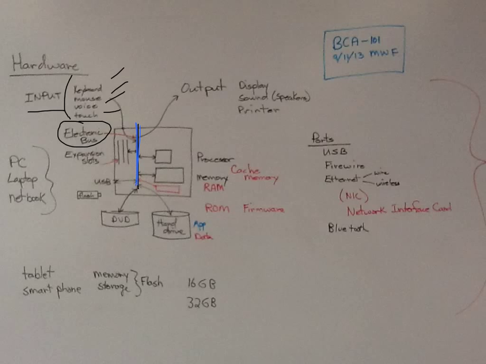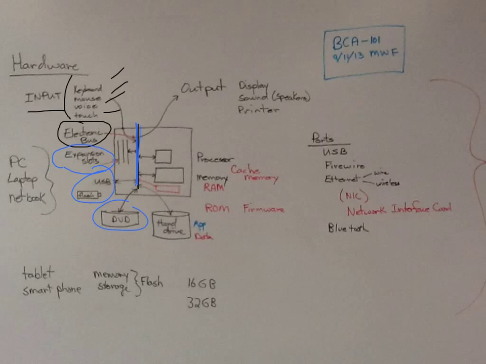We have expansion slots. You can put cards in those. Years ago we used to put modems in computers, network cards. Not as often now do you put those. Some people will put a graphics card in a particular slot to communicate.